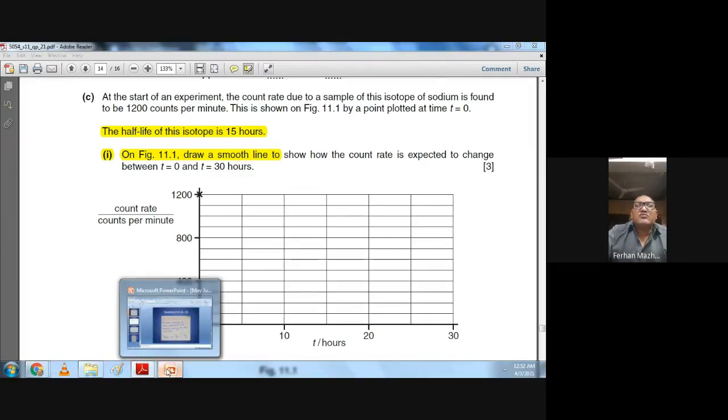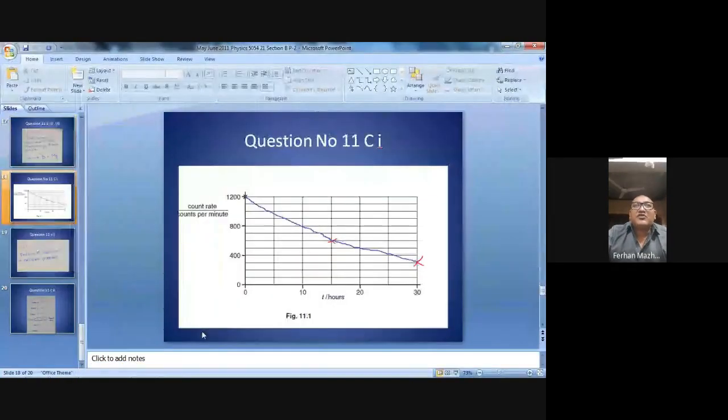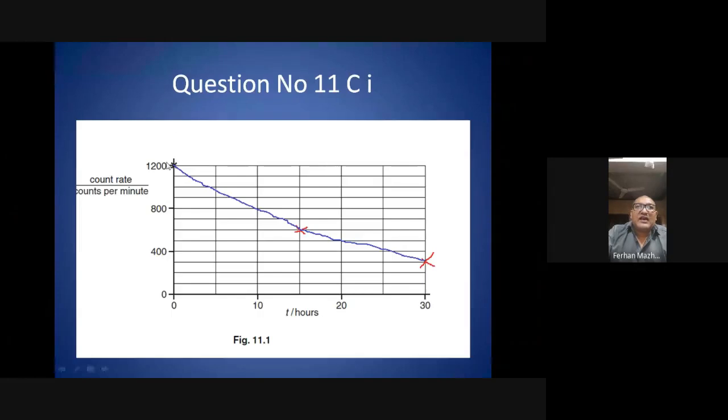So let me show you my work. I've done this on paper, so you can see here on the screen, at the start the count rate was 1200. When one half-life of 15 hours has passed, this count rate will drop to half. So 1200 divided by 2 is 600.